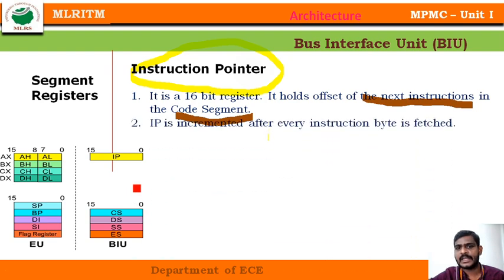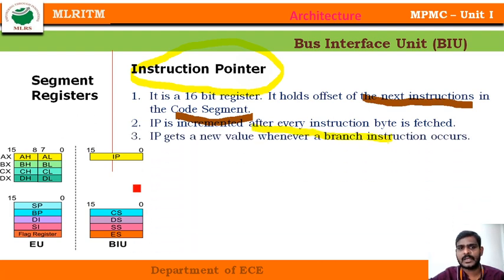Next, the instruction pointer is incremented as every instruction byte is fetched, which means it is automatically incremented after every instruction byte is fetched. The instruction pointer gets a new value whenever a branch instruction occurs.